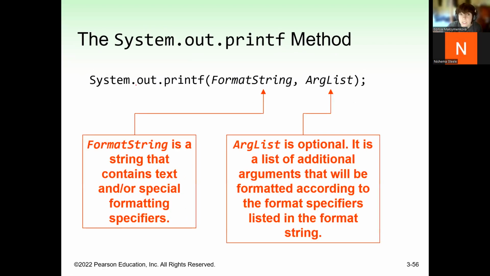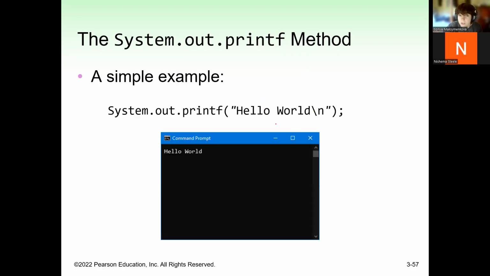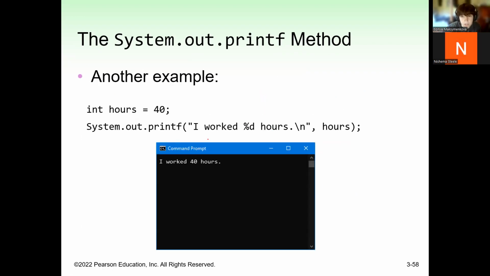For example, this is a general idea of how you should do it. I'll just show you an example because it's easier. As you can see here, we have System.out.printf, and then the string "I worked", and then you have this %, and the letter d, and then hours.